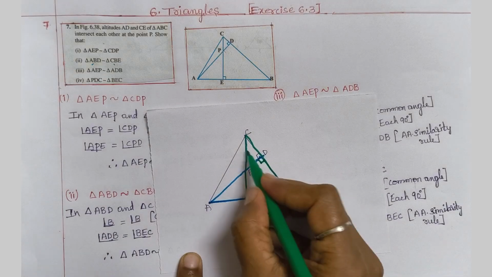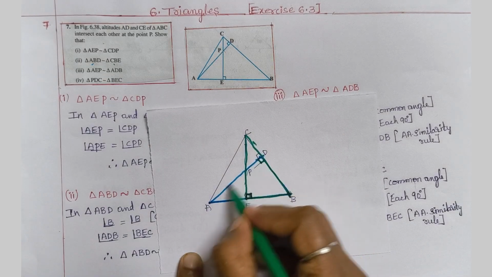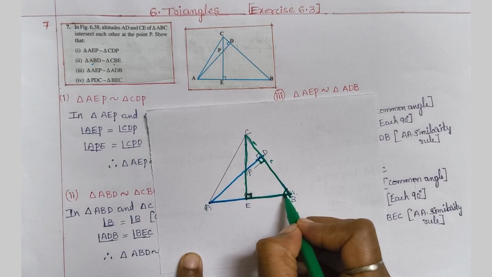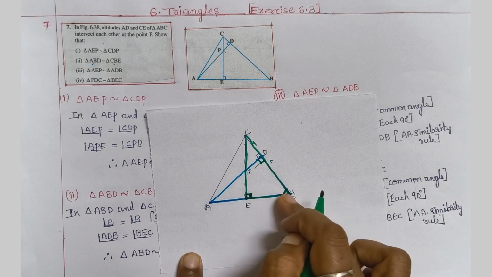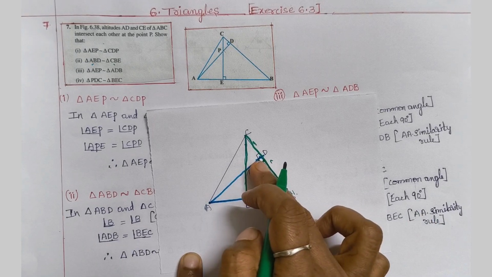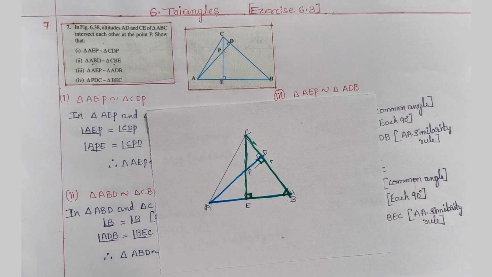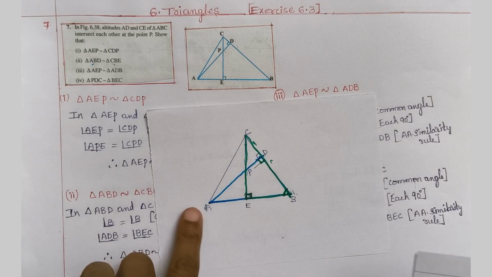Again you observe, in these triangles angle B is the common angle. Two angles equal means which criteria are we using? By the angle criteria these two triangles are similar triangles.